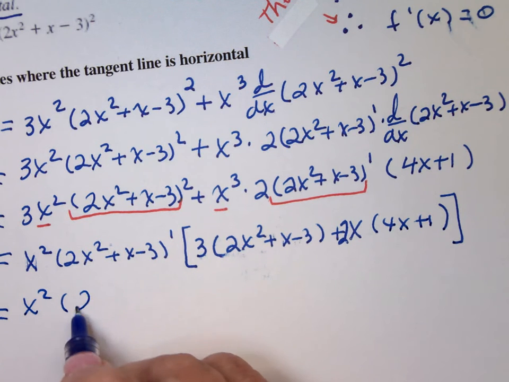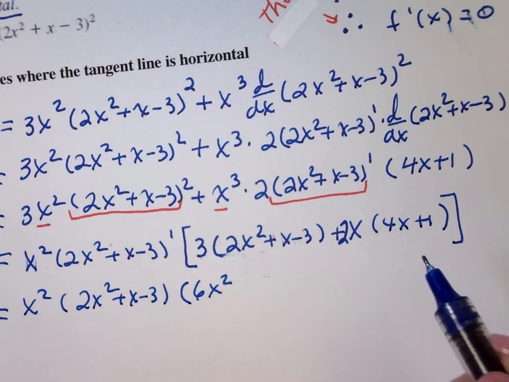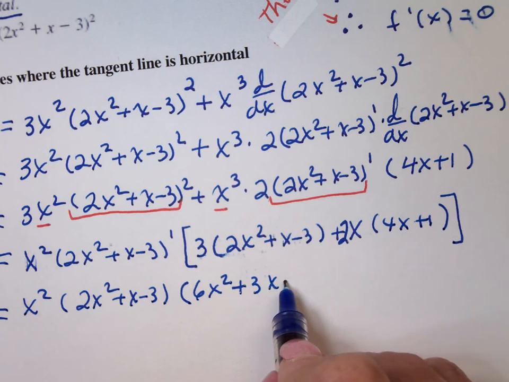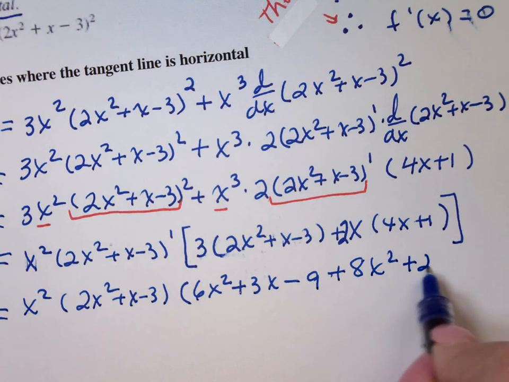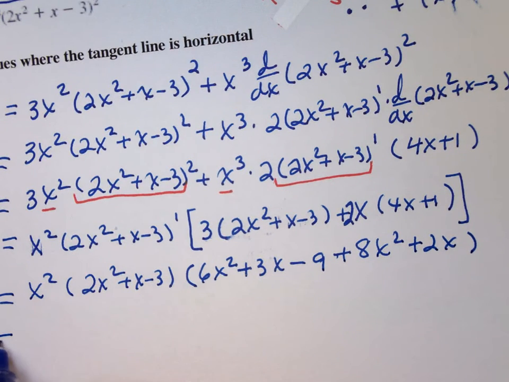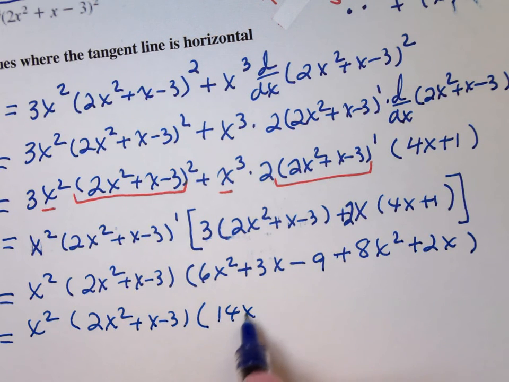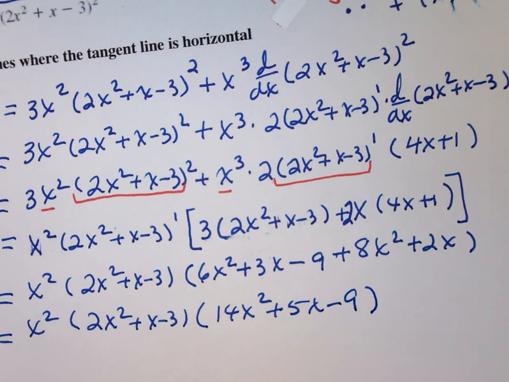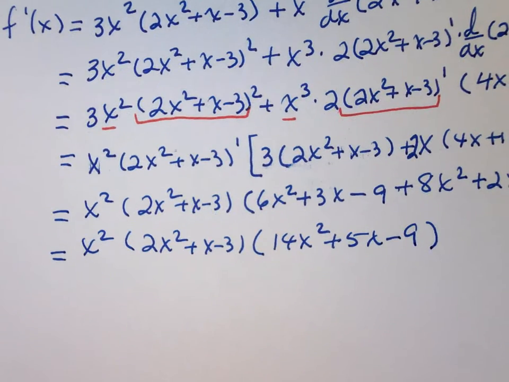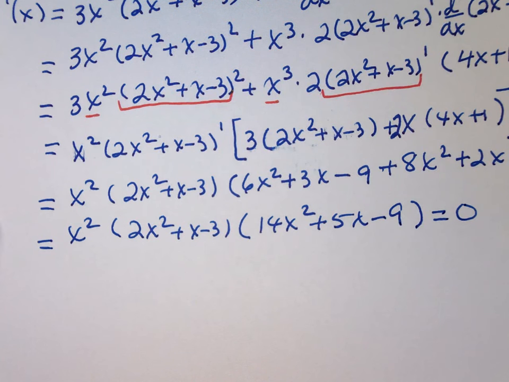X squared times (2x squared plus x minus 3) times (6x squared plus 3x minus 9 plus 8x squared plus 2x), so x squared times (2x squared plus x minus 3) times (14x squared plus 5x minus 9), and we're going to set that equal to 0. That's as best I can do in simplification.